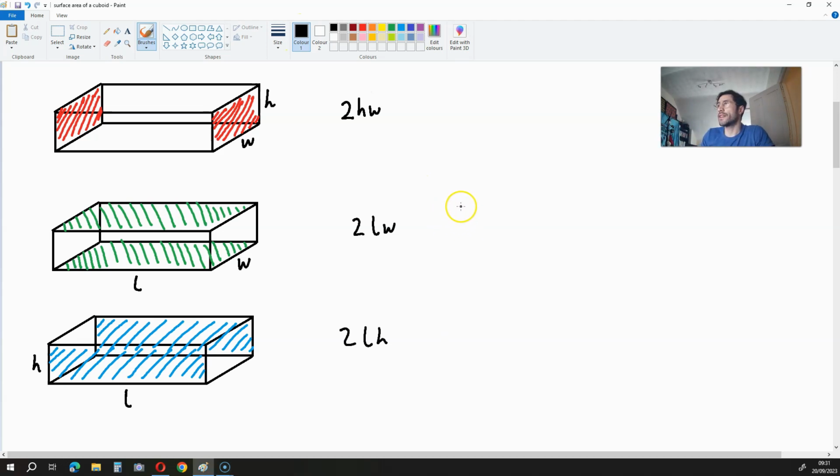So the surface area of a cuboid will be dependent on its length, width, and height, and it's going to be equal to 2 times LH plus 2 times LW plus 2 times HW.